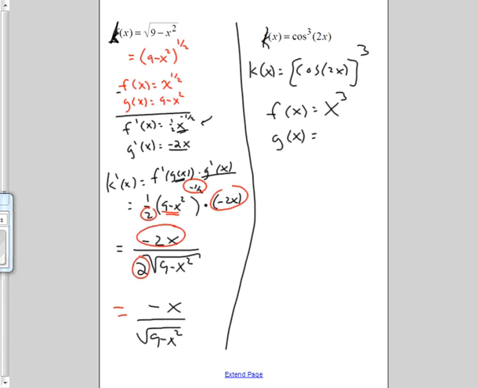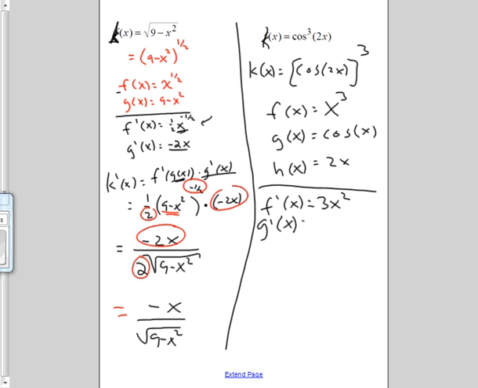The next inner function would be cos of x, and then the innermost function is 2x. Well, f prime of x equals 3x squared. g prime of x equals, well, it's cosine, so negative sine of x, and h prime of x equals 2.